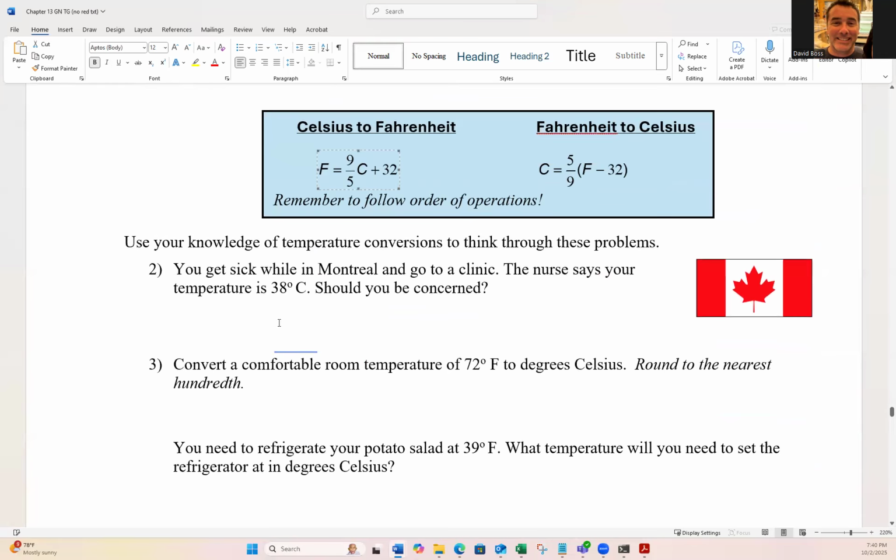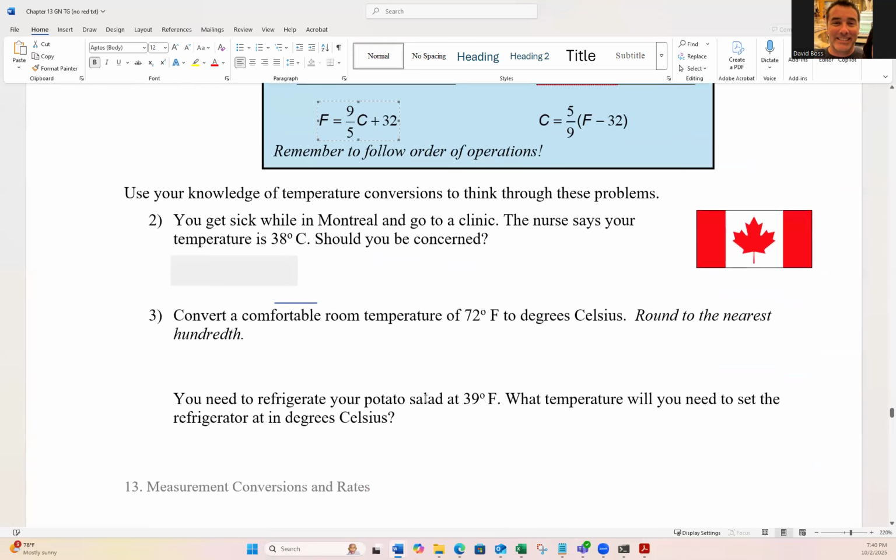All right, you get sick while in Montreal, you go to a clinic. The nurse says, your temperature is 38 degrees Celsius. Should you be concerned? So you want to take our Celsius to Fahrenheit conversion, because you're going to plug in 38 degrees Celsius here.